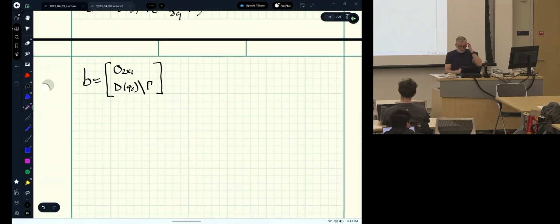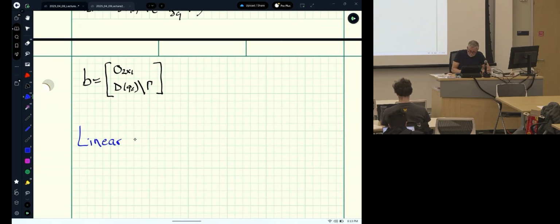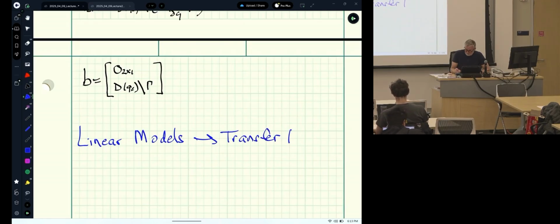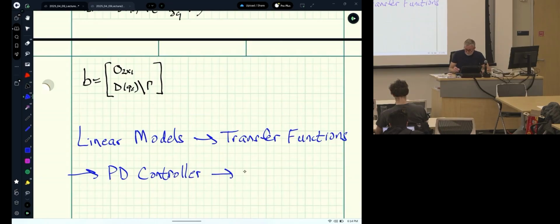So you linearize that nonlinear function about the equilibrium point, just like we did everything else. And that's it. And you get the model, and then once you've got the linear models, then you get transfer functions. Then you get your PD controller. And then you add in the precompensator.